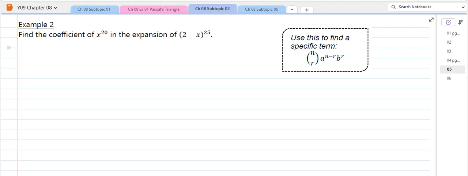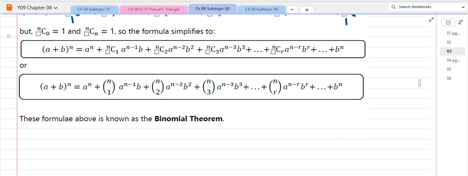You can actually use this formula to find a specific term: nCr, a to the power of n minus r, b to the power of r. It's within your formula also, a general formula for a specific term in the binomial expansion.